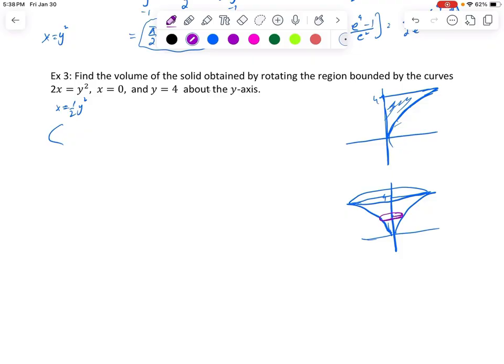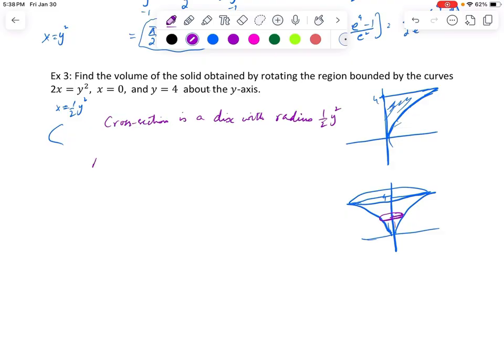This is the distance from the y-axis, so you can say this is x, but what is x? x is 1/2 y squared. So the cross section is a disc with radius 1/2 y squared.